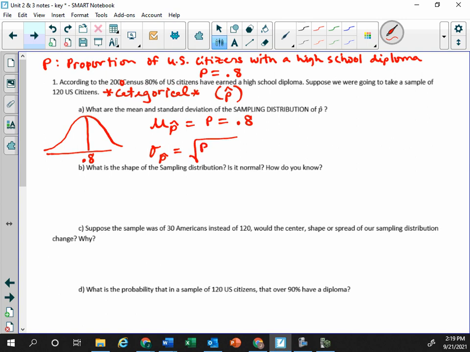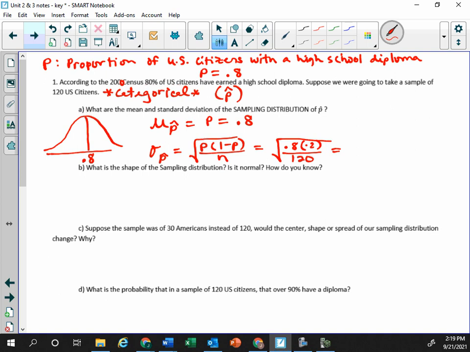Perfect. The square root of p(1 minus p) all over n. So we're going to have the square root of 0.8. You can write 1 minus 0.8, or I think you could probably handle just writing 0.2. And then your sample size was 120.